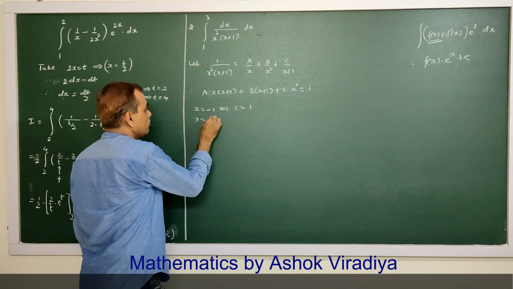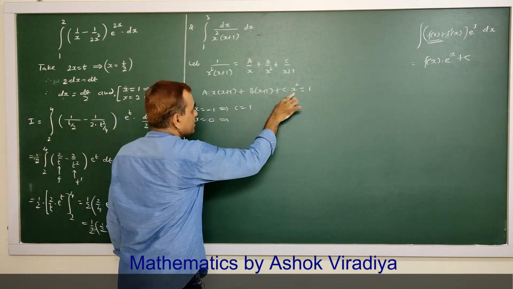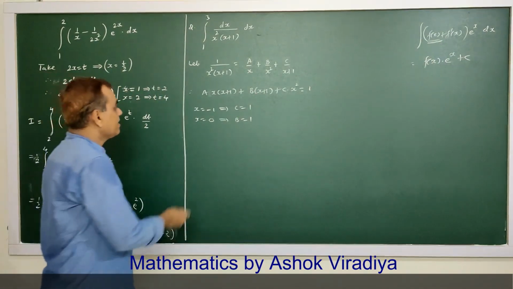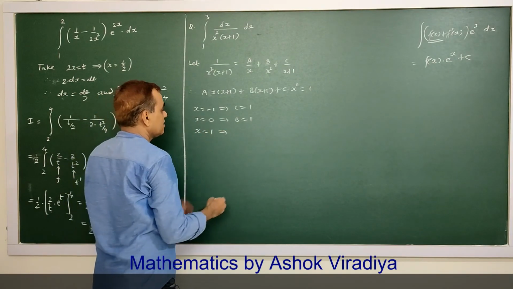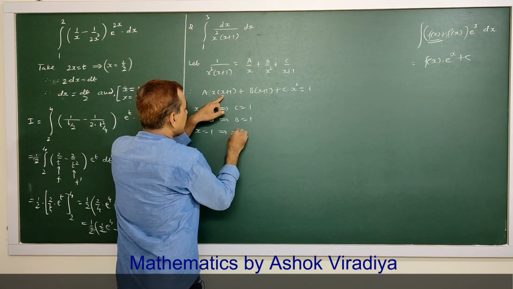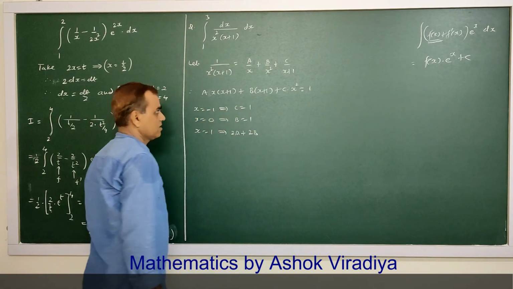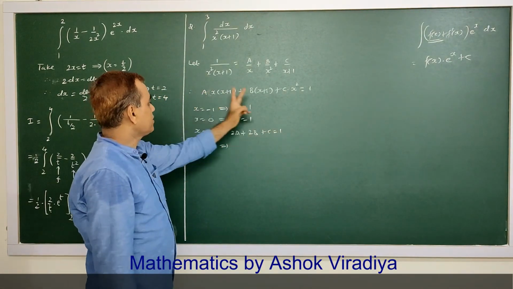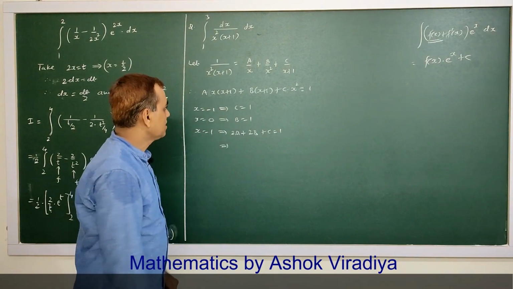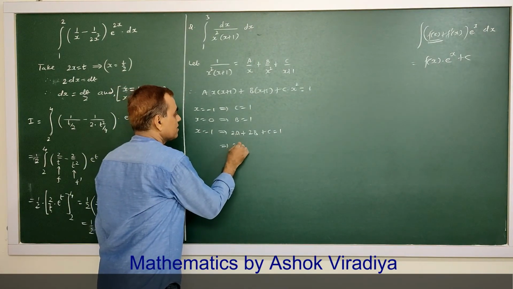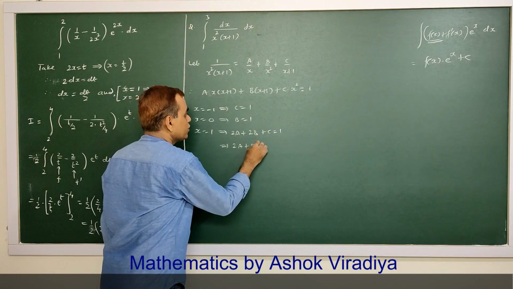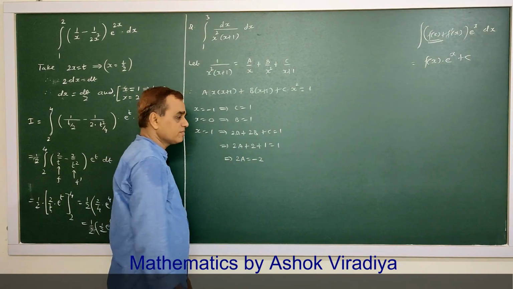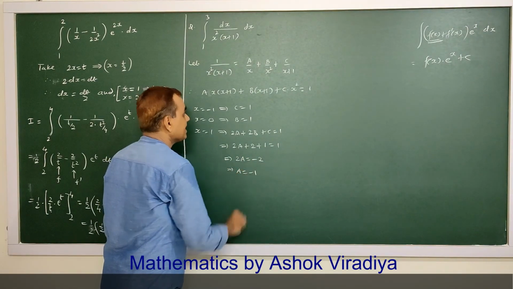Putting x equal to 0, this will be 0, this will be 0, so b is 1. And now we take x equal to 1, so 1 into 1 plus 1, 2a plus 2b plus c is 1. Now c is 1, b is 1, so 2 into 1 is 2, c is 1 equal to 1. So 2a is minus 2, so a is minus 1.